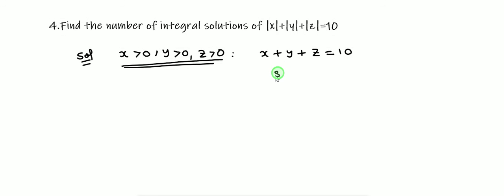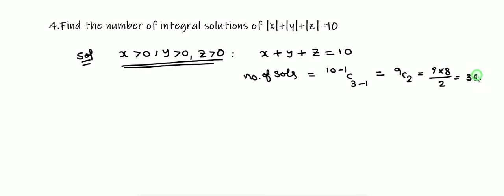So the number of solutions in this case is 10 minus 1 C 3 minus 1, which is equal to 9C2. 9C2 is 9 times 8 by 2, which is 36 solutions. But while you are looking for different possibilities, x can be positive as well as negative, again y positive or negative, z positive or negative.